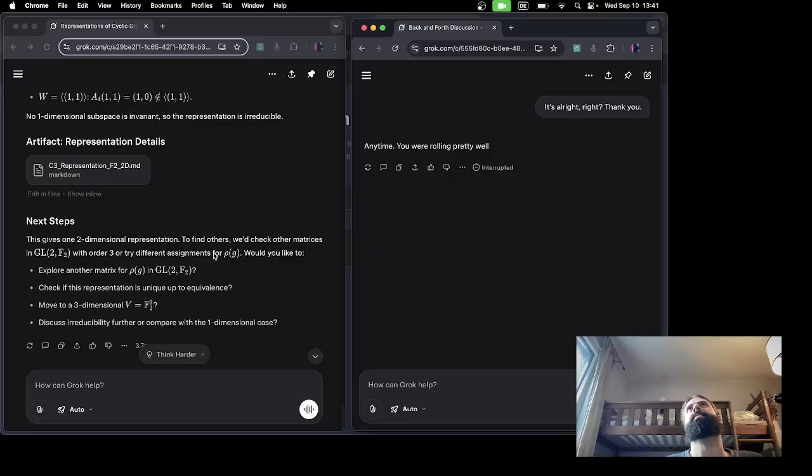And then you're looking for irreducible representations that are not decomposable into smaller representations, which help you map that structure to the group.